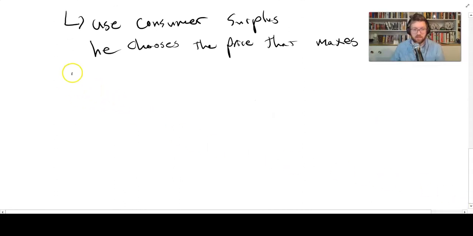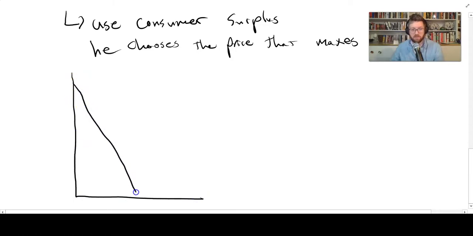So let's look at this demand chart and figure out how we're going to calculate his consumer surplus. So we know that this is 0.5 up here. This is Q. And at a price of 25 cents, we said he's going to buy 25 of these things.